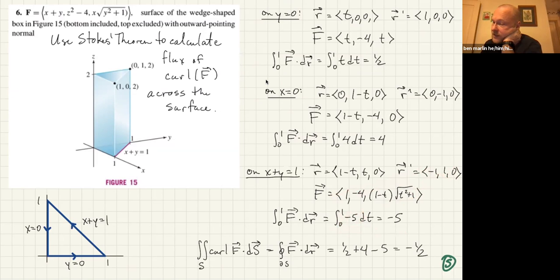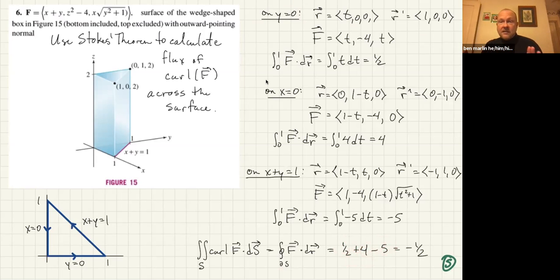And now we can say that the surface integral, the flux integral of the curl of f on that surface will be the line integral around the boundary. And then we just have to add the three pieces up. And so when we do that, we get -1/2 out of it.